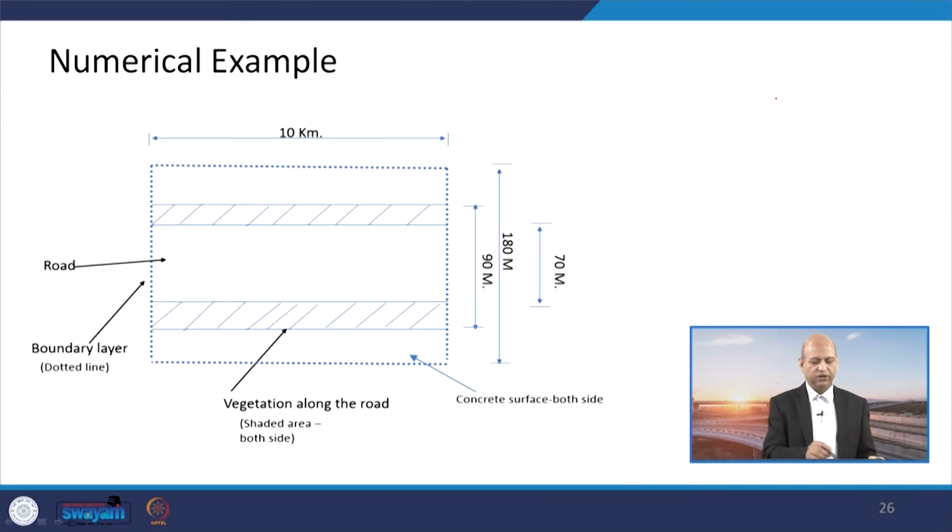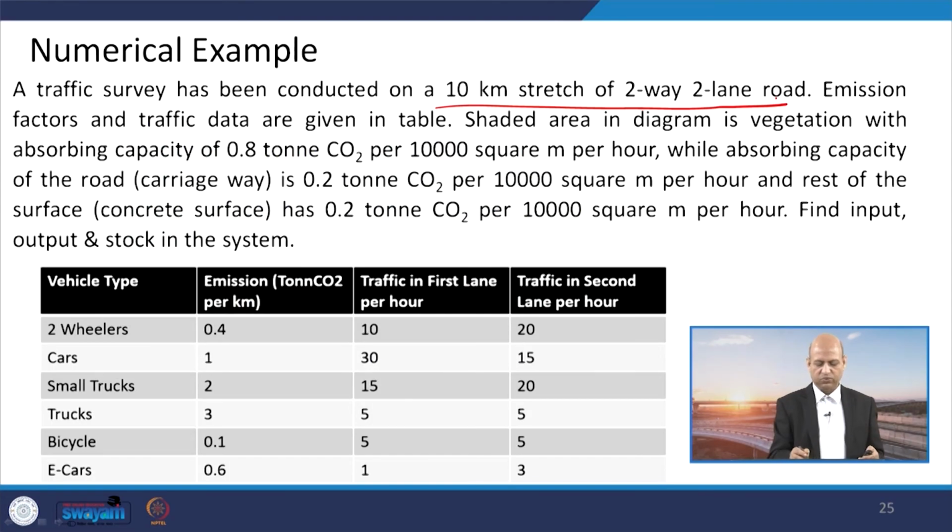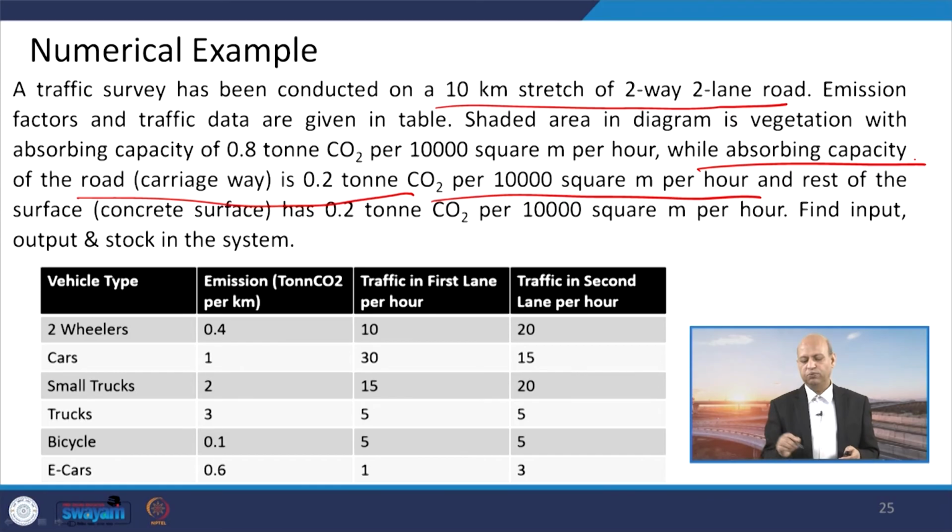Very simple, you can first design this stretch, and there is a gray area where vegetation is also there, and rates of absorption of CO2 are given. For example, road carriageway 0.2 ton CO2 per 10,000 square meter per hour, that is the absorbing capacity.